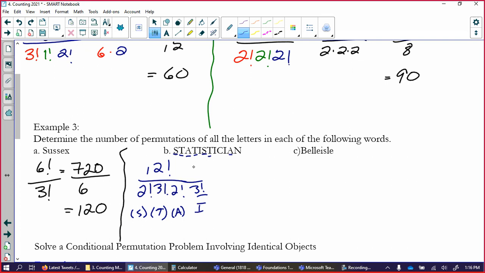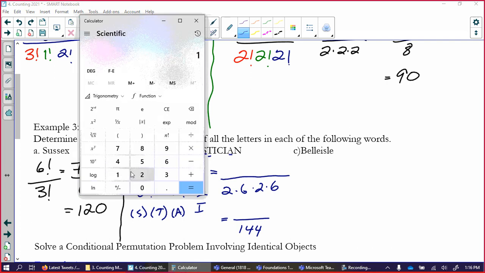And here's one thing I have to worry about: what happens if you spell the word wrong. That gets to be a little bit tricky. That's 2 times 6 times 2 times 6. It's 12 times 12, so this is going to be over 144. I honestly have no idea what 12 factorial is.